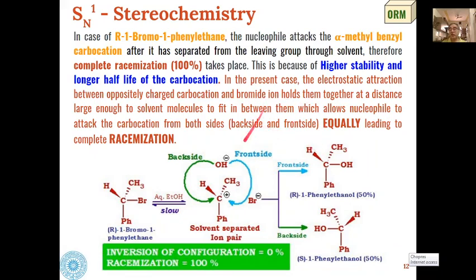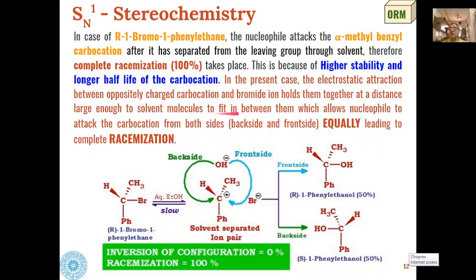So in the present case, the electrostatic attraction between carbocation and bromide ion holds them together at a distance. Here the distance between this carbocation and bromide ion is much more, so that the nucleophile can attack from in between this distance.